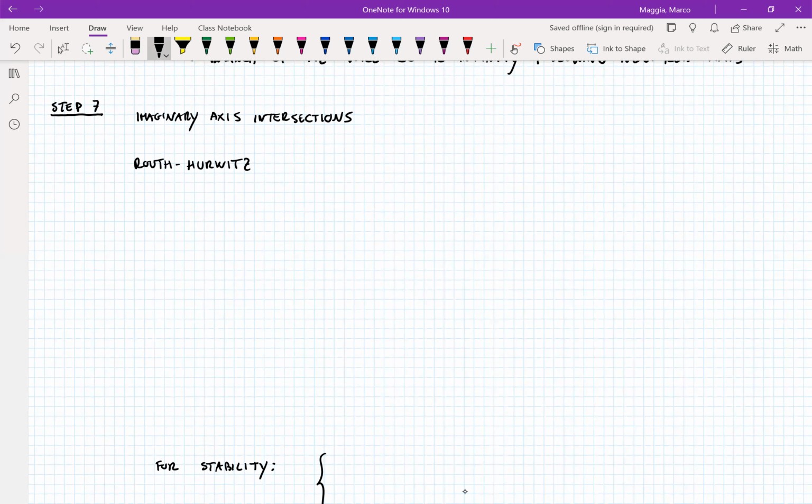So for Routh-Hurwitz, we need the characteristic equation or the characteristic polynomial written as an actual polynomial. So here we have it in the canonical form. So we have to reshape it. So let's multiply everything by s cubed. So we're going to have s cubed plus k times (s plus 1) squared equals 0.